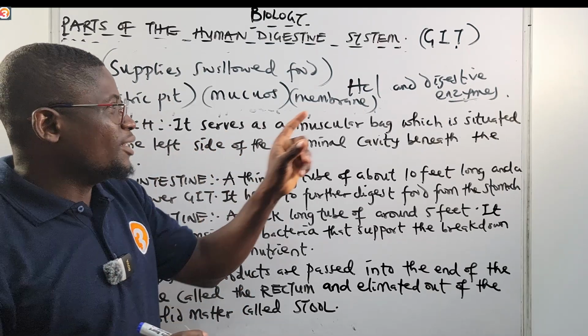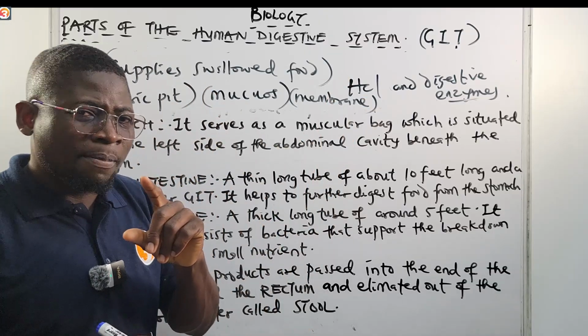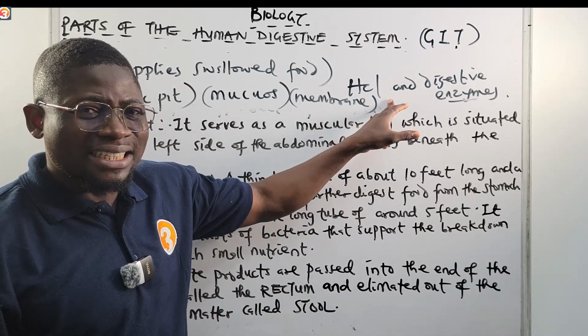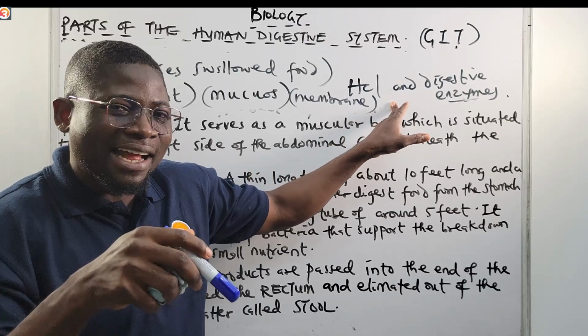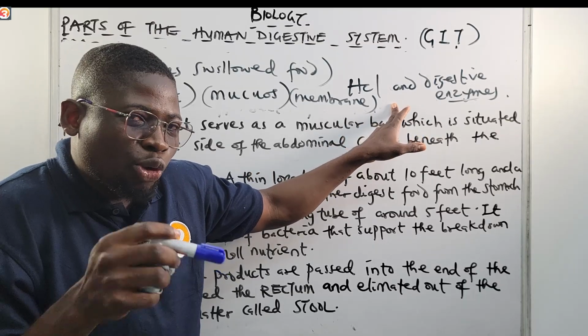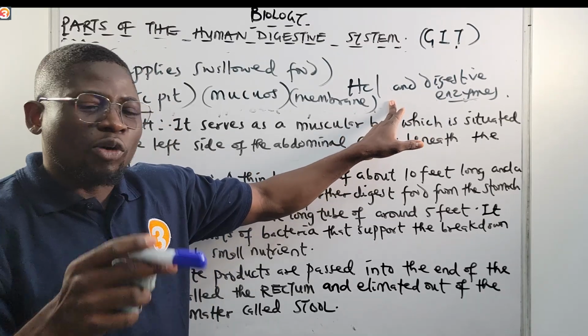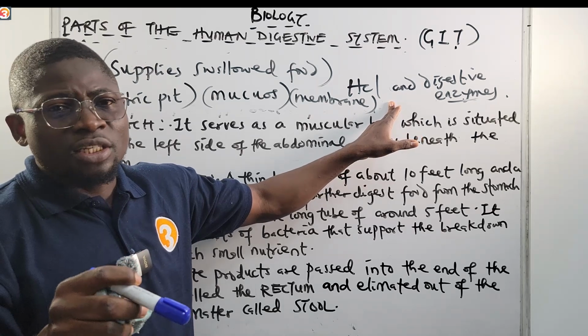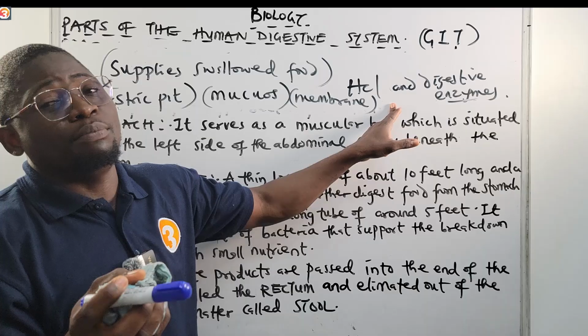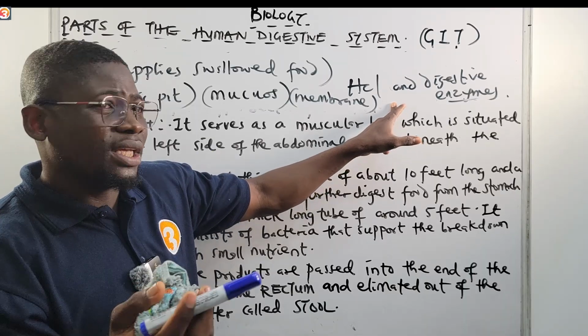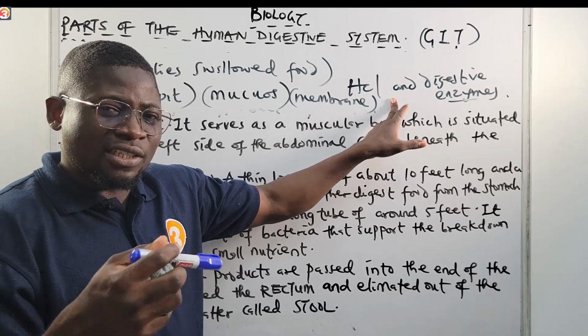The function of the hydrochloric acid produced in the stomach is to kill the bacteria that has entered along with the food you have eaten. That is the function of the hydrochloric acid. It's not the concentrated hydrochloric acid, though. It's not the one used in your lab. You don't go and be drinking it. It is produced by the glands in the stomach.